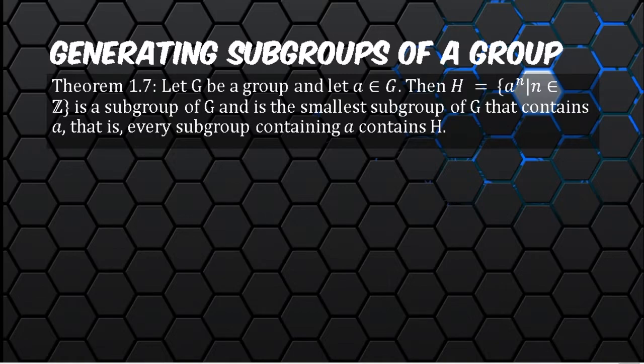Let G, again a general notation for a group, be a group, and let A be an element of the group G. Then the subset H equal to the set comprising A raised to n, where n is an element of the set of integers, is a subgroup of G, and is the smallest subgroup of G that contains A. That is, every subgroup containing A contains H.